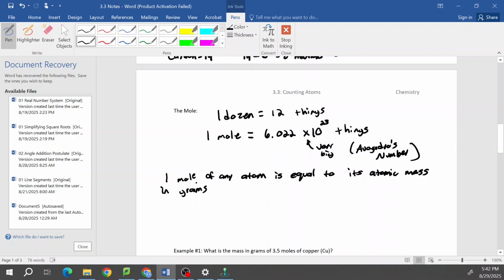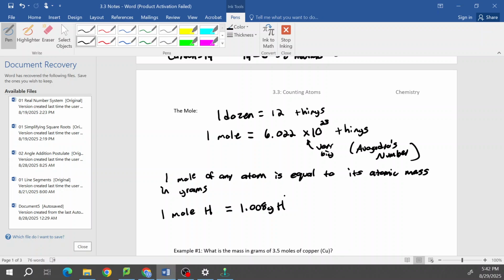So what I mean by that is 1 mole of hydrogen is equal to, if I find its atomic mass on the periodic table, its atomic mass is 1.008 grams. So apparently 1 mole of hydrogen, or 6.022 times 10 to the 23 atoms of hydrogen, is equal to 1.008 grams of hydrogen. Well, that's kind of interesting.